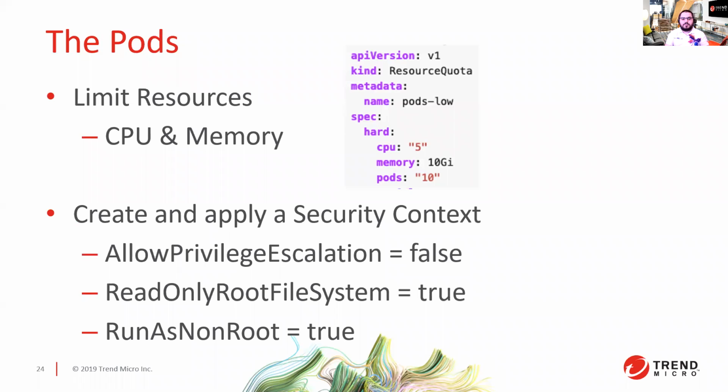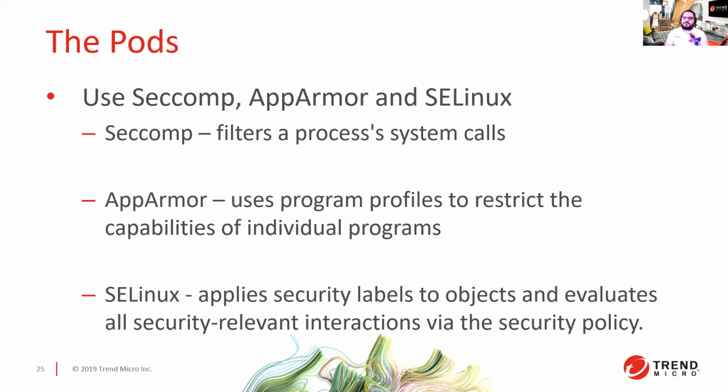Here are just a few examples that you should enable on all your containers to avoid privilege escalation issues, any issues with writing to the root file system, or running the container as root, which is also a big issue there. Also, there are some Linux kernel security features that you can enable. Some of them here are Seccomp, AppArmor, and SELinux, that also protect your container and your cluster against some attacks.